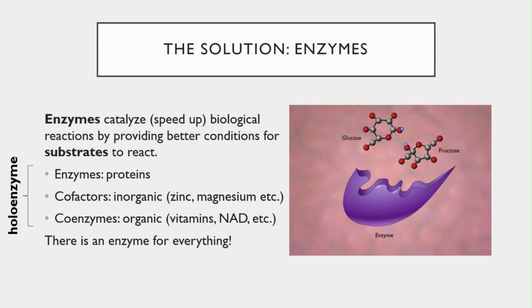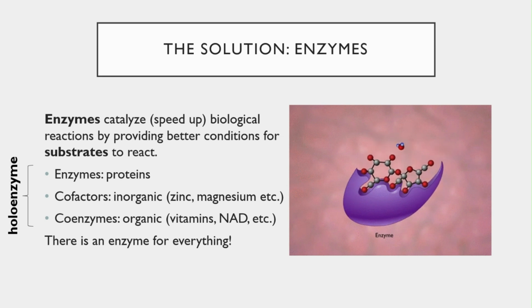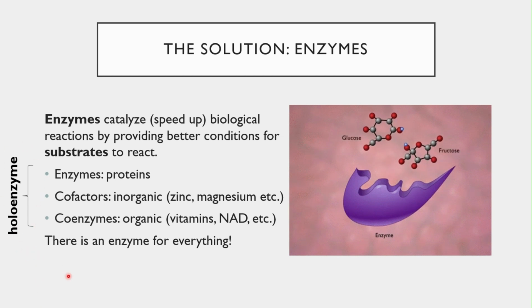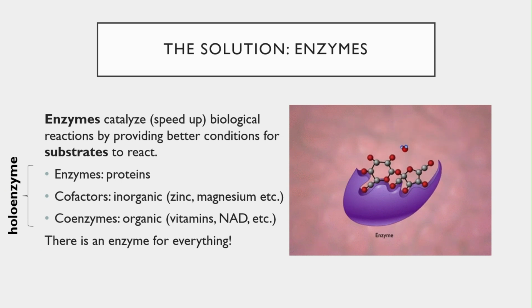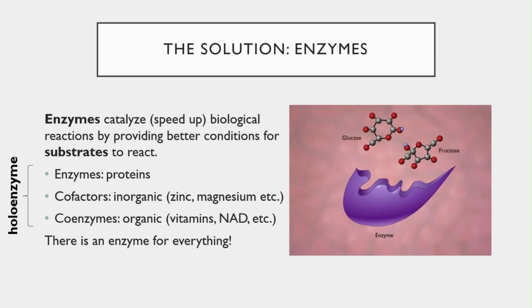When you take all of the different components together, which is the enzyme itself and any cofactor or coenzyme that is required, that is called the holoenzyme. And so that's when everything is put together. Enzymes basically do almost everything in the cell, and they're very specific, so they have a high degree of fidelity.